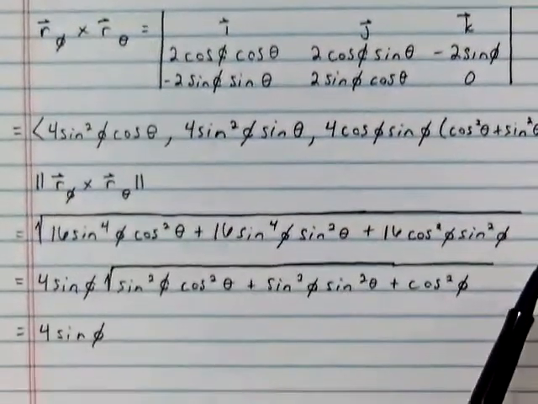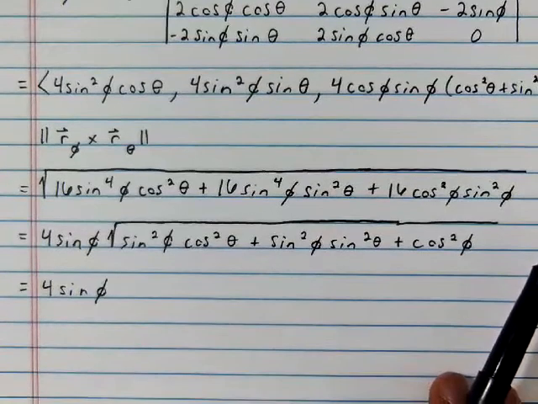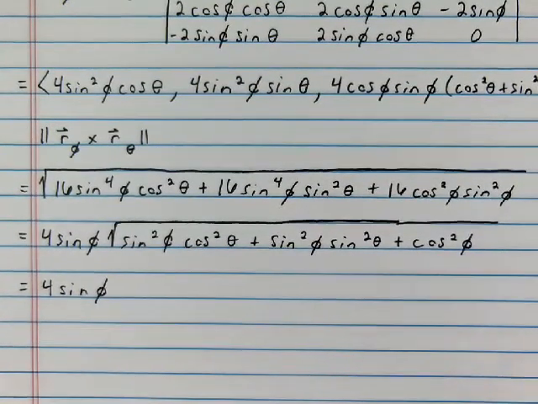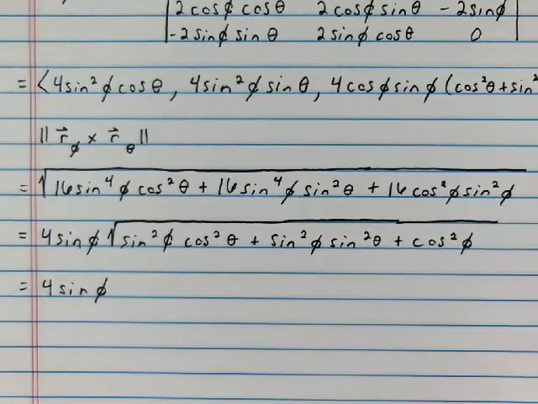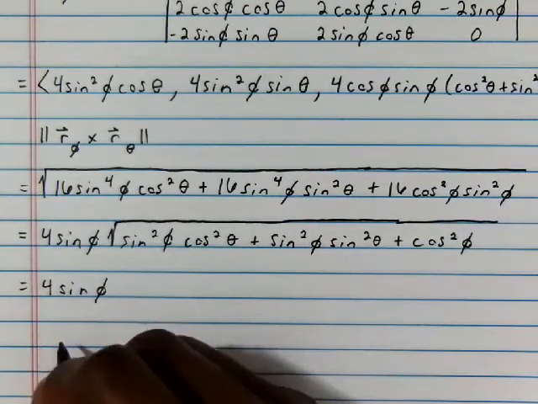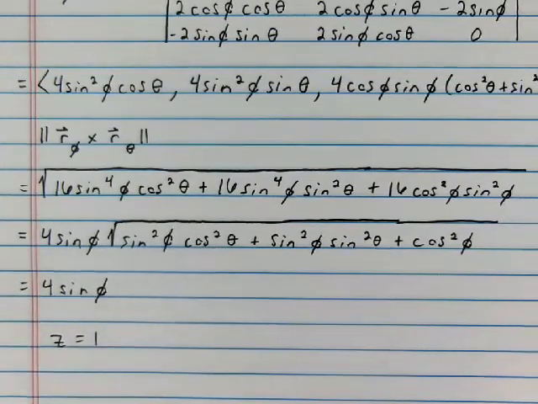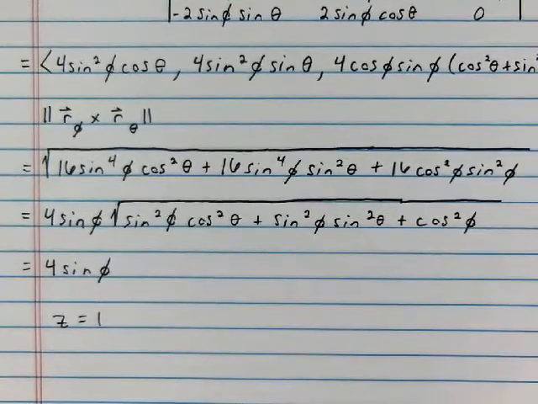So it only makes sense to do the same thing with our z, because we need everything in terms of phi and theta. So they gave us z equals 1. But z in spherical coordinates is rho cosine phi.